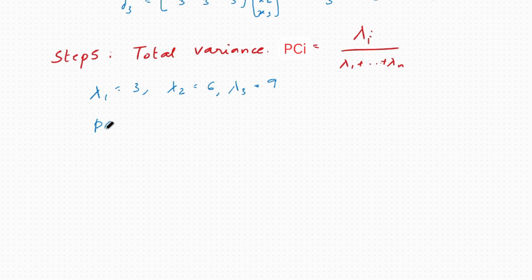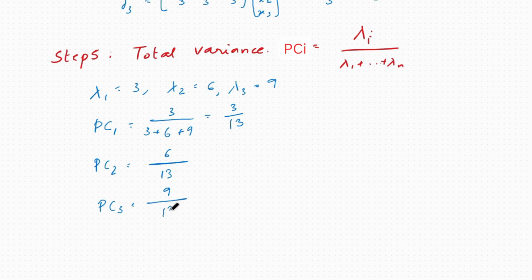Now PC1 is equal to 3 by 3 plus 6 plus 9 is equal to 3 by 13. PC2 is equal to lambda 2, which is 6 by 13 and PC3 is equal to lambda 3, which is 9 by 13. In this way we can calculate principal components and its total variance.